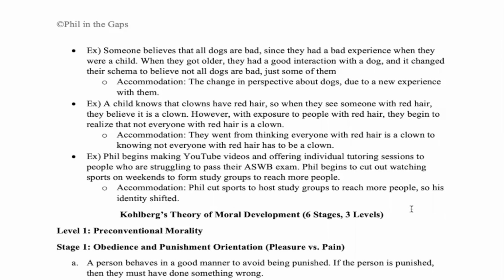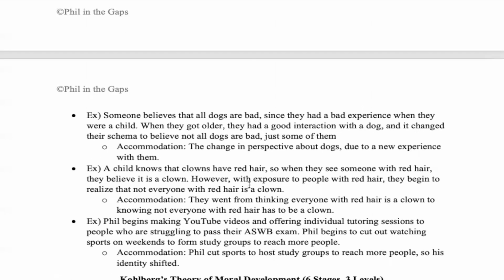My new sport is watching people go into the exam to kick a Dracula in the chest to get the job done. So the accommodation is Phil cuts sports to host study groups to reach more people. So his identity shifted. Went from, I'm a super sports fanatic to, you know what? My new sport is watching people kill the exam. So again, shifting behaviors, shifting identity based on something that was introduced in the situation.